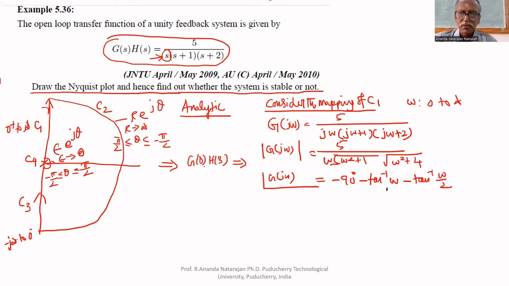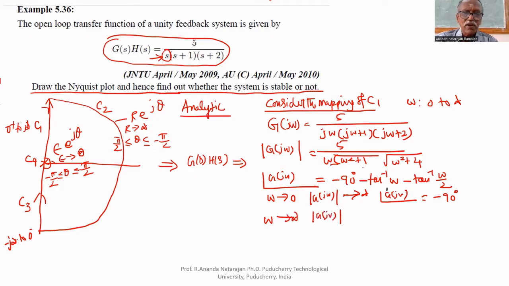When omega tends to 0, the modulus of g of j omega tends to infinity. Angle of g of j omega, if you put omega equal to 0, you will get minus 90. When omega tends to infinity, g of j omega tends to 0, because there is no polynomial in the numerator, only the denominator polynomial.